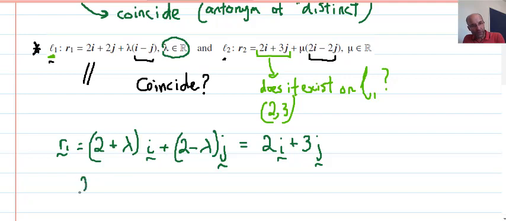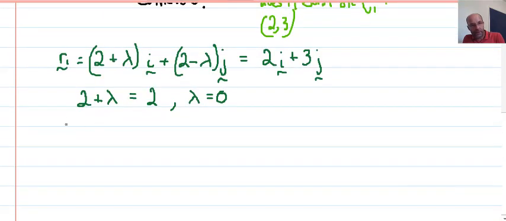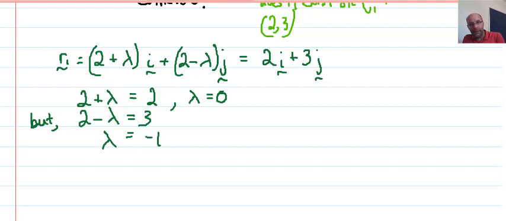So looking at each separate part, looking at the i components, 2 plus lambda equals 2, so lambda would have to equal 0. But using the j components, 2 minus lambda equals 3. So we would have lambda equals -1, and that's inconsistent.